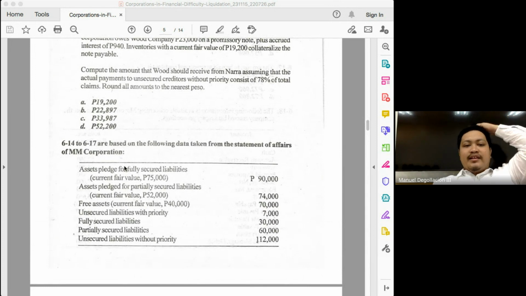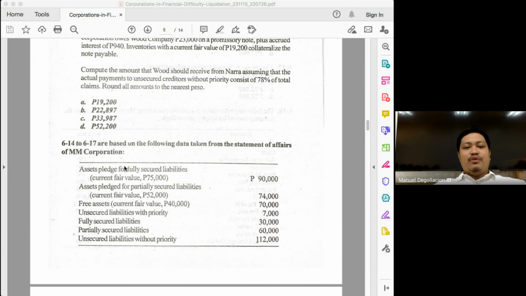Add the excess on fully secured liabilities and deduct the unsecured with priority. Okay? How much is our free assets given in the problem? 40 or 70? Again, use the fair value or the recoverable amount. Okay? So we will begin with 40.